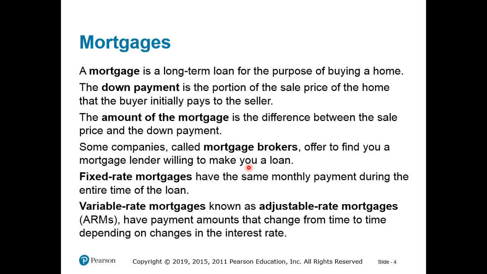And by the way, the word mortgage comes from medieval times, and it comes from two Greek words: mort, from the Greek word for death, and gagis, from the Greek word for a grip.